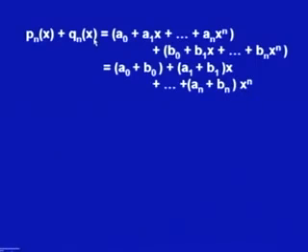The idea is the coefficients are added: a0 plus b0, a1 plus b1 is the coefficient of x, an plus bn is the coefficient of xn.